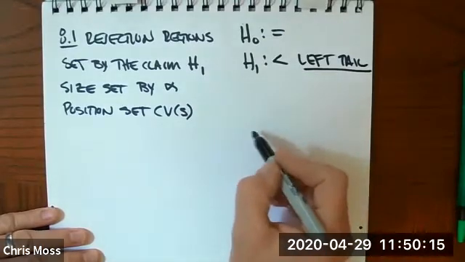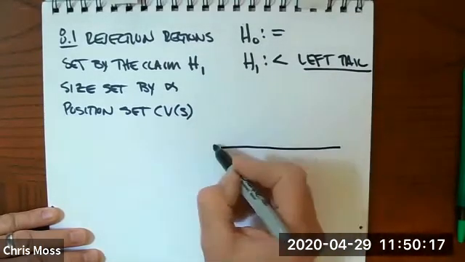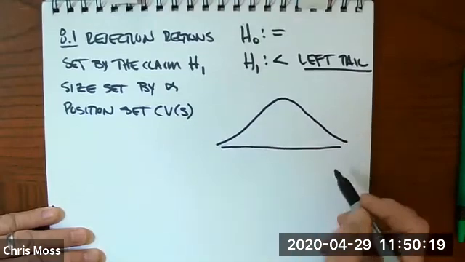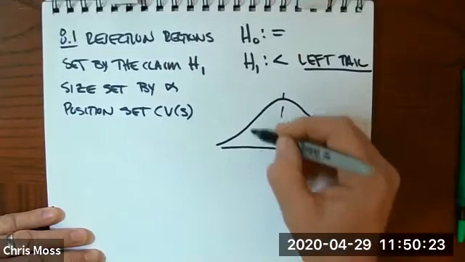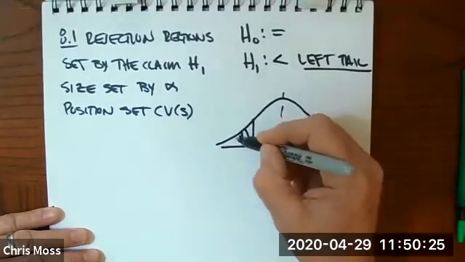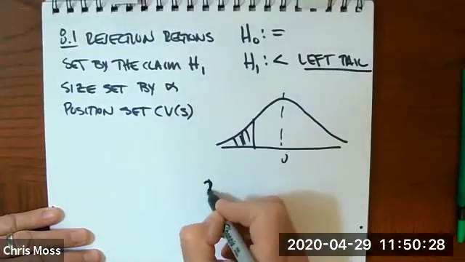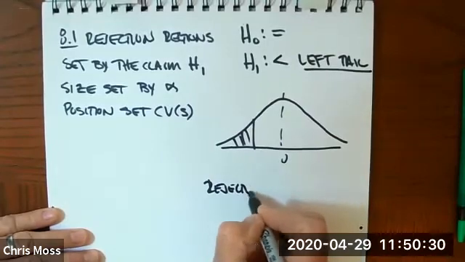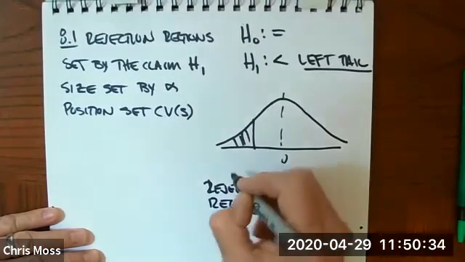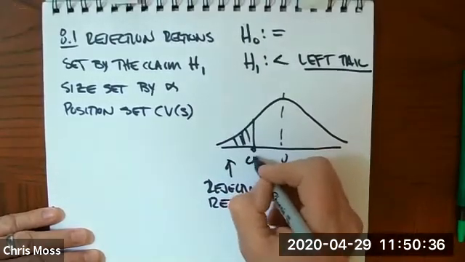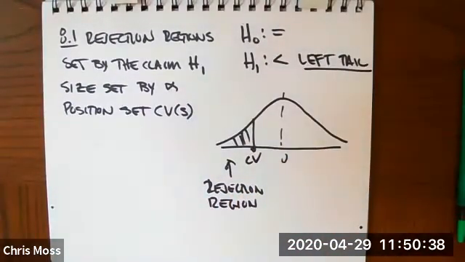So what that means is that in terms of a picture and our distribution, be it Z or T or perhaps some other distribution, we have a critical value that defines what we call the rejection region. And that's set by the critical value.